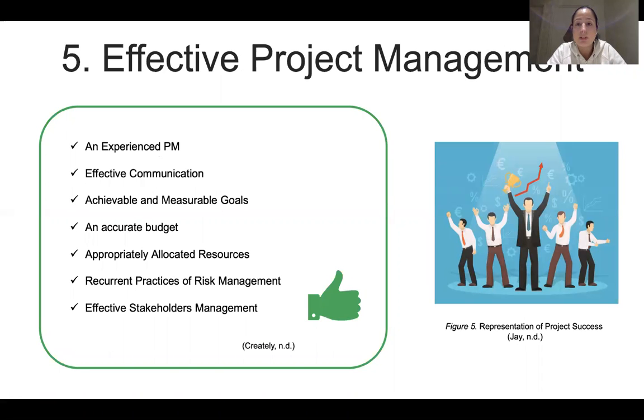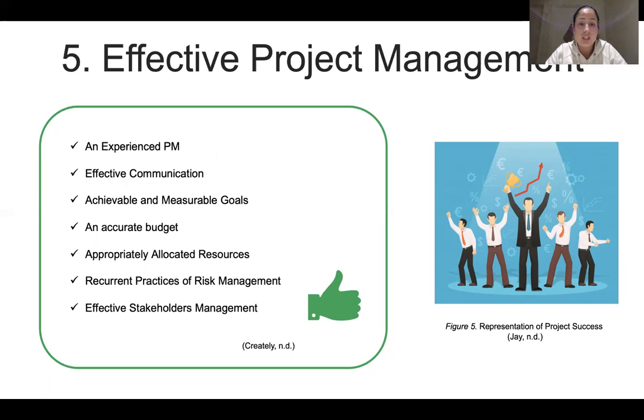But what happened? Project management is important to get successful or failed projects. If we apply all of the techniques and tools that project management has, we can get an effective project. So in this example, they could apply all of these aspects that I'm going to mention in order to get a successful project.